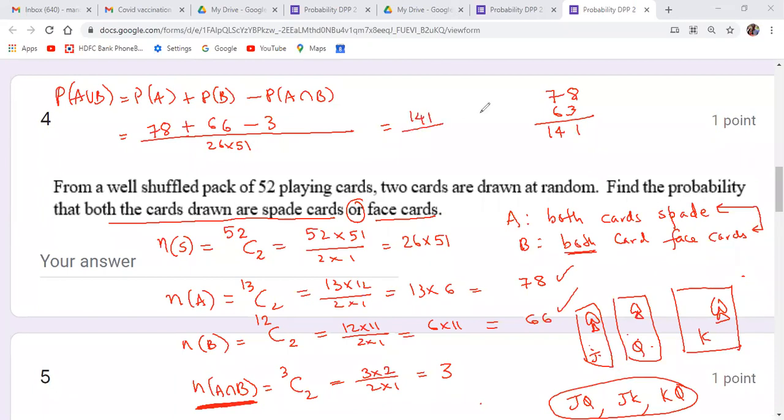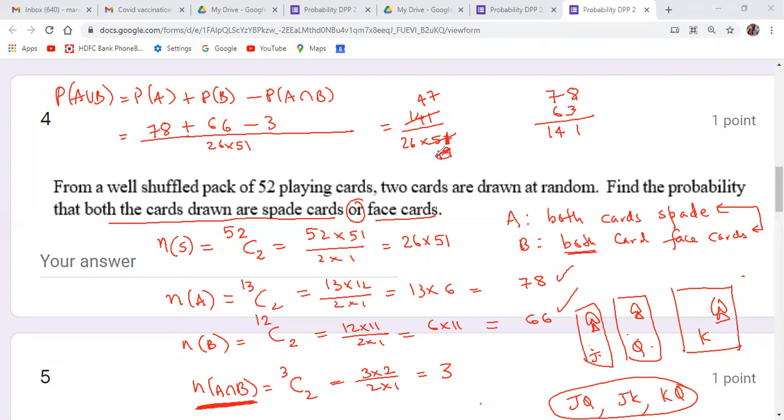Correct. 47 are there, because 141, 26 and 141, 51 can get cancelled. 47 into 3. Yes, sir. How much should it be? 17. 19? So it's 51, not 57.